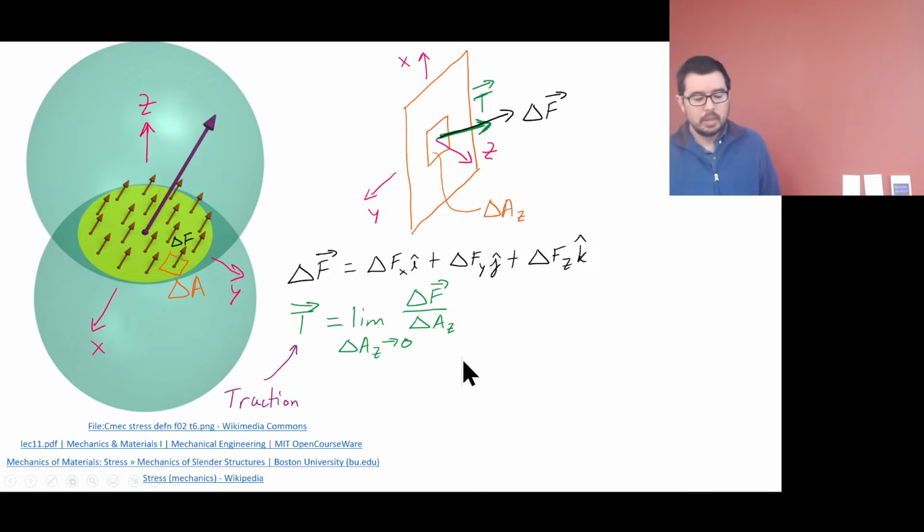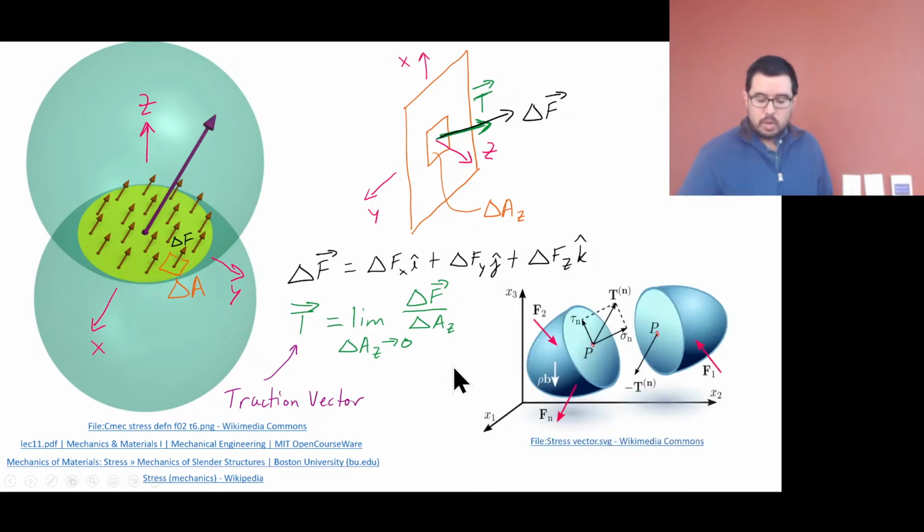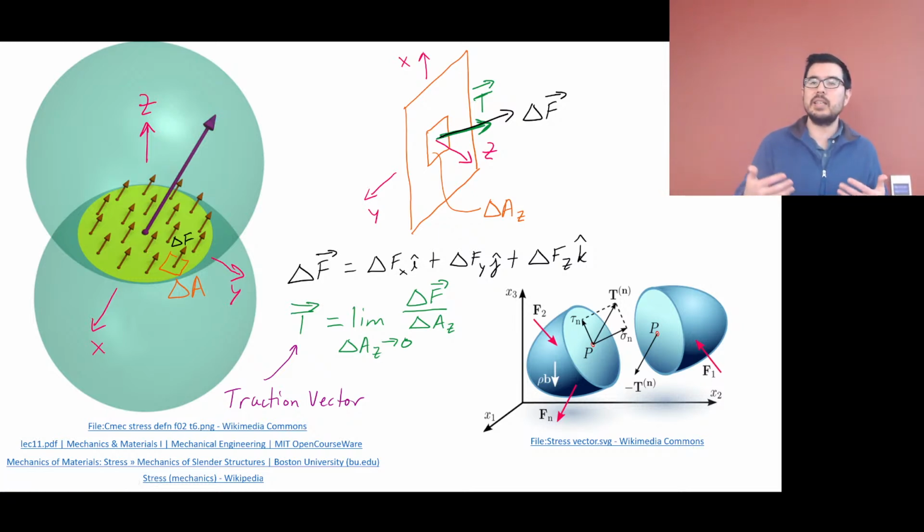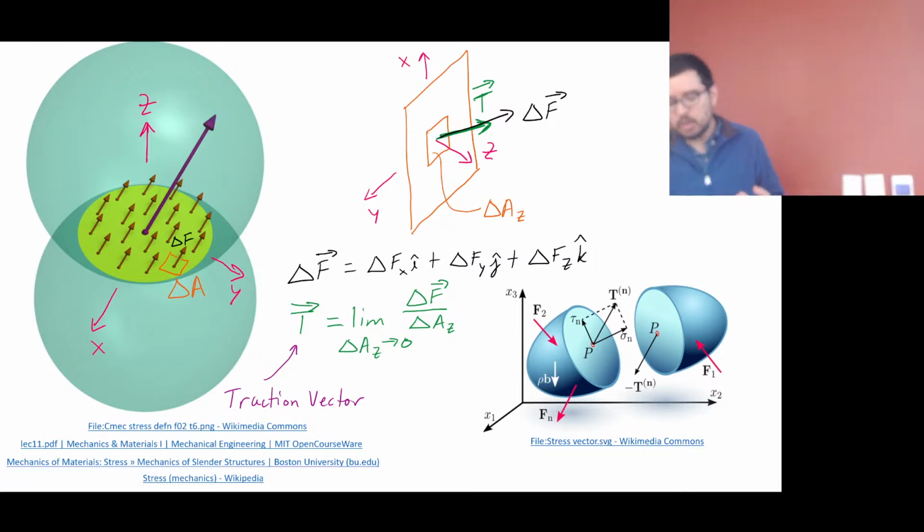Note the traction vector, like we were discussing before, is coming out of this surface on this side, right? But these stresses that we're discussing can only exist internally. So this is just a note to say, for every action, there's an equal and opposite reaction.